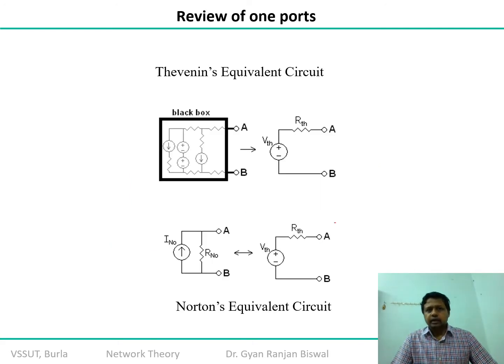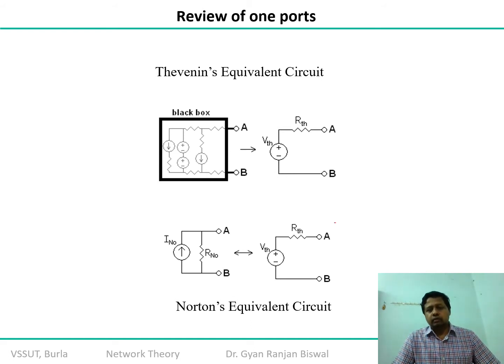A single network, in other words a one-port network. As you can see in this diagram, the overall impedance of the network within the box is realized as RTH, or if it is a complex network, a combination of resistive and reactive components, it can be represented as ZTH, the Thevenin impedance or Thevenin resistance.